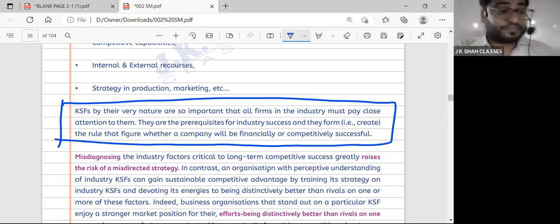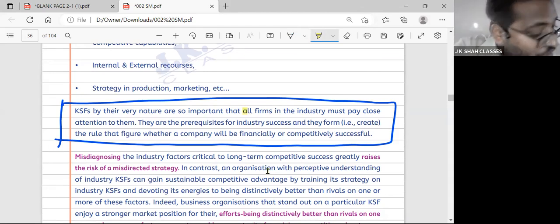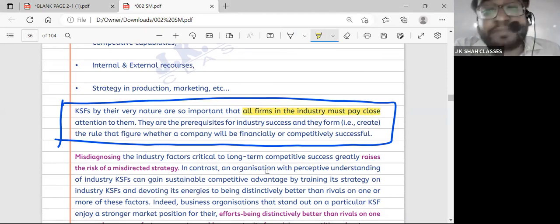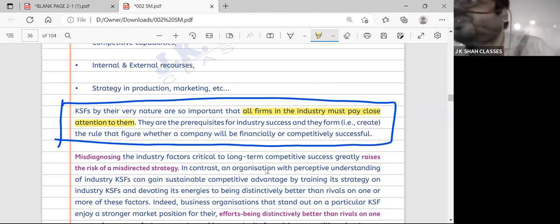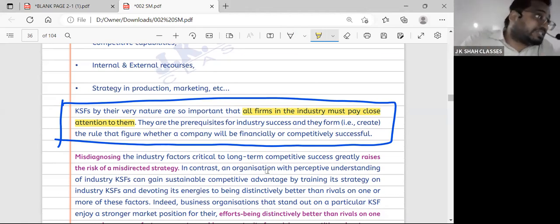Read this with me. KSFs by their very nature are so important that all firms must pay close attention to them. So you should be observing the success factors. What is the current trend in the industry? What is happening? What are the customers doing? What are the competitors doing? You should be aware.